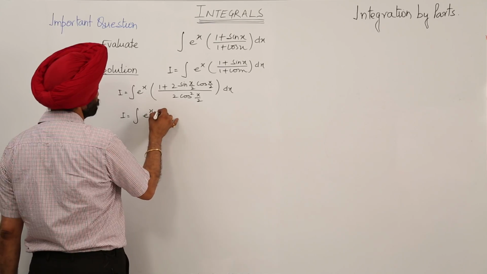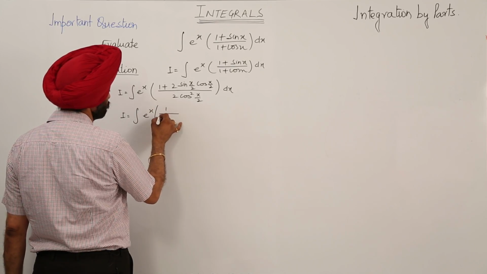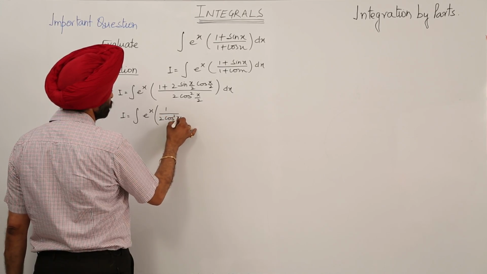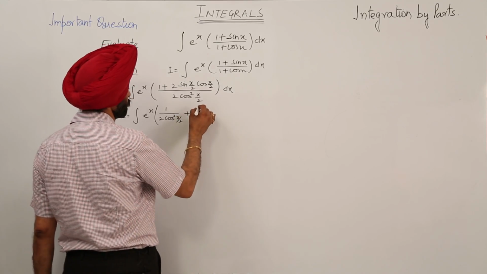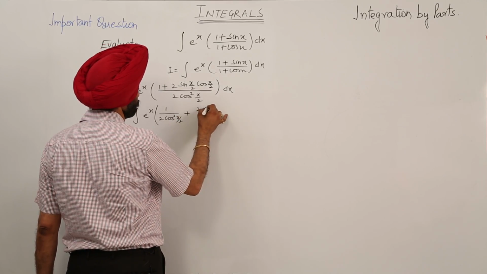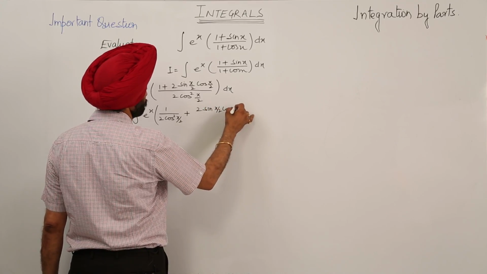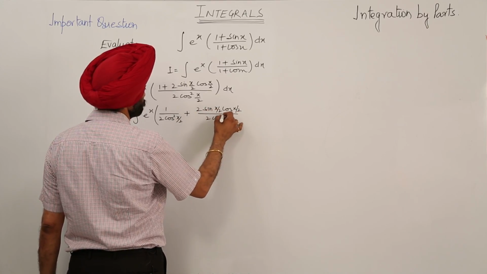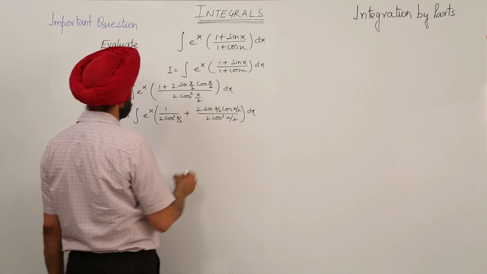Now we are having integration of e raised to power x, 1 upon 2 cos square x by 2 plus 2 sin x by 2 cos x by 2 upon 2 cos square x by 2, dx.